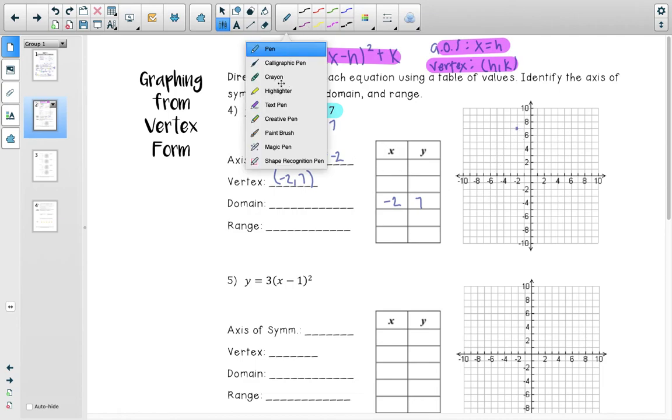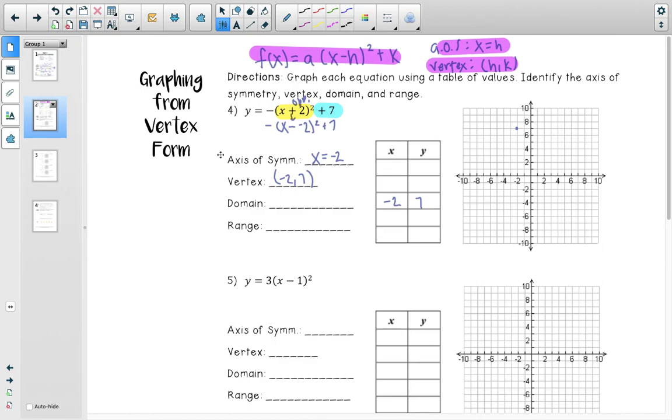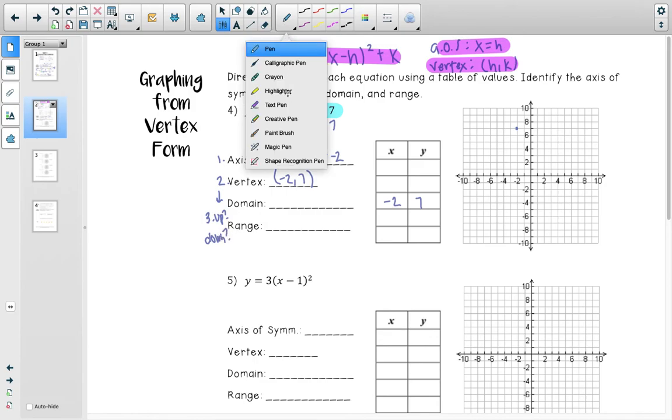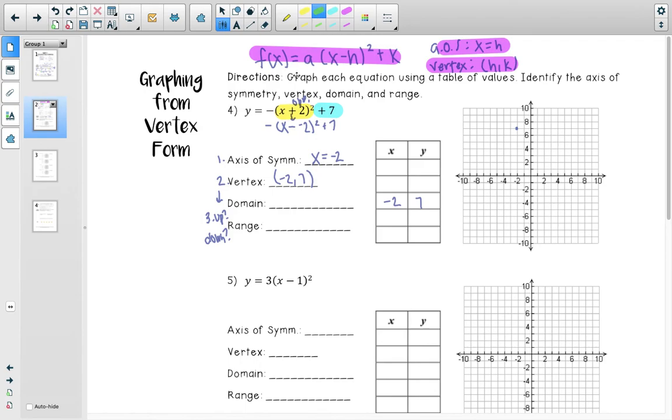So I want you to find the axis of symmetry, find the vertex, and then for step 3, I want you to ask, is it opening up or down? Because there's a negative sitting in front of that parenthesis right here, it's going to open down.